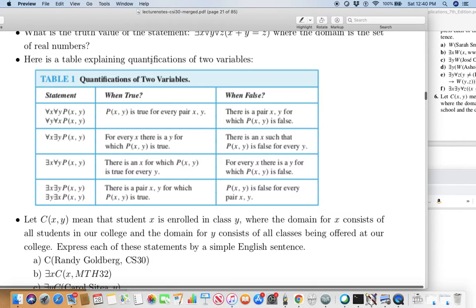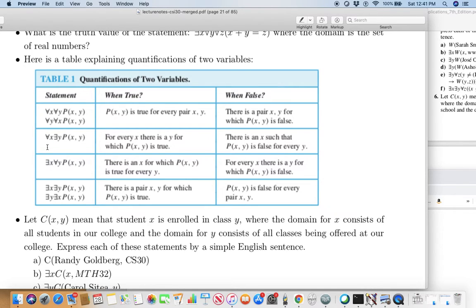Here is a table explaining quantifications of two variables. For every x, for every y, pxy, is the same as saying for every y, for every x, pxy. It means pxy is true for every pair xy. When is this statement false? There is a pair xy for which pxy is false.